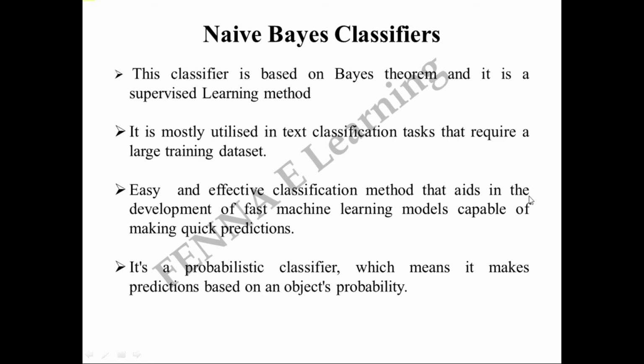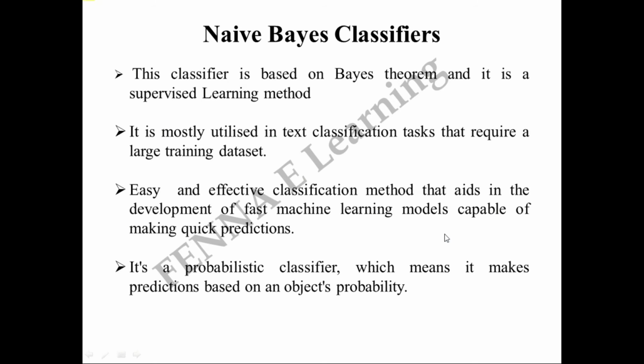Naive Bayes classifier is used to perform the classification task. This classifier is widely used for text classification, and it is a supervised learning method. It is an easy and effective classification method that aids in development of fast machine learning models capable of making quick predictions.